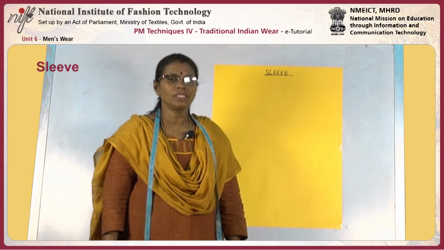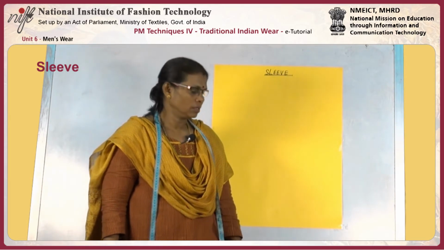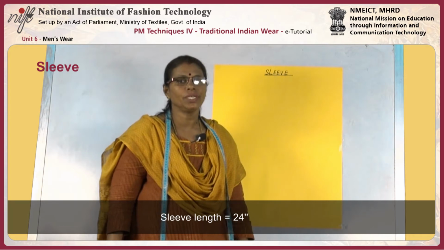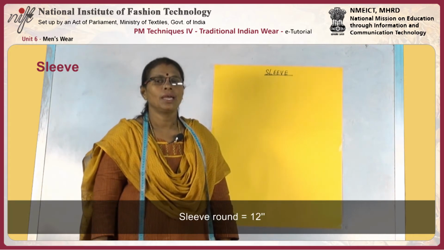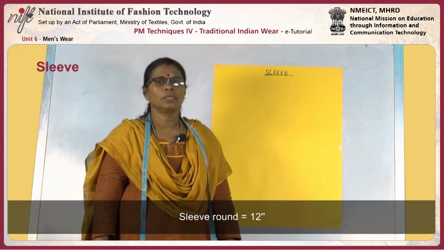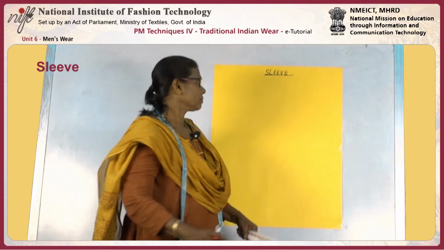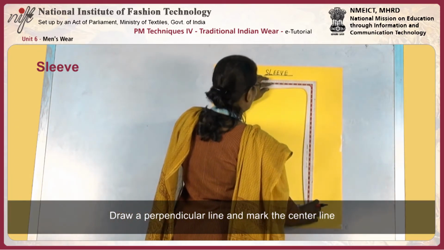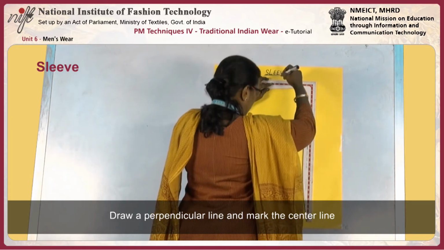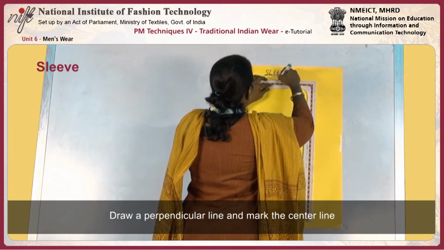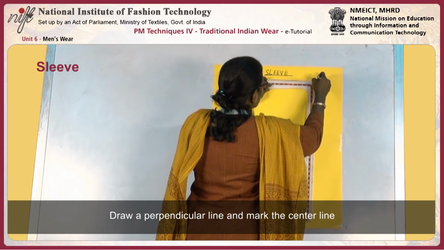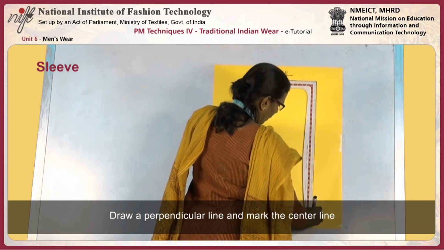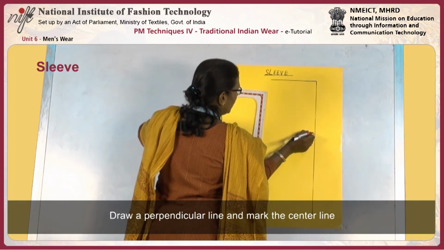Now we are going to draw the sleeve for the men's kurta. The sleeve length is 24 inches and the sleeve round is 12 inches. Draw a perpendicular line for the center of the sleeve. So this is the center line.